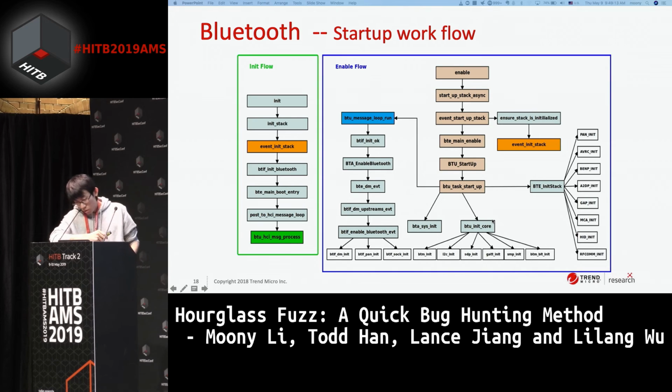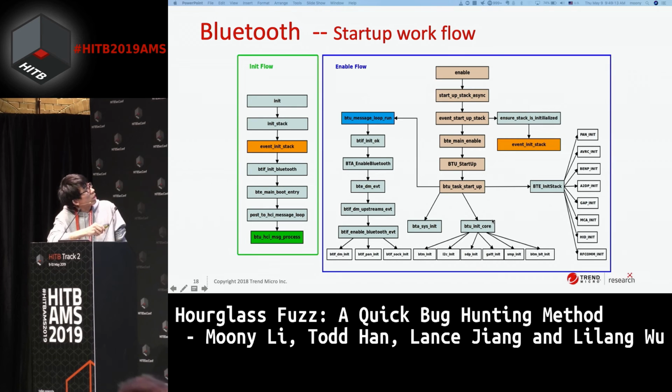And as we know, although Bluetooth uses multi-thread to init the modules it will use, what will first be invoked is the init flow, the left part of the figure here. And it will be triggered in the flow of starting the Bluetooth service. And after initializing some modules like the stack config module and others, finally it will set up the important callback functions to process messages.